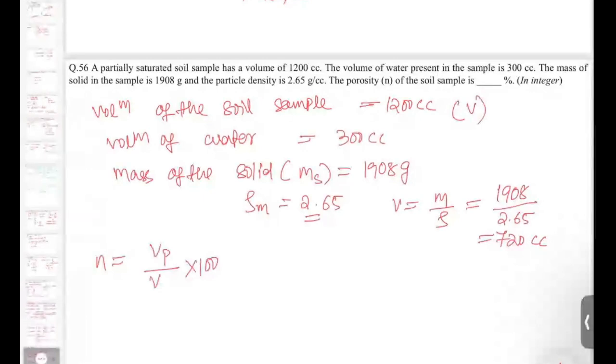This is the volume of the particles or the matrix. ठीक है, so आपका जो पोर स्पेस है, पोर स्पेस कैसे आपको मिलेगा कि वॉल्यूम ऑफ द सॉइल, द टोटल वॉल्यूम, that is 1200 minus the matrix, okay, or the particles, that is 720. So this should be equal to your 480. So this is the volume of the pore space.